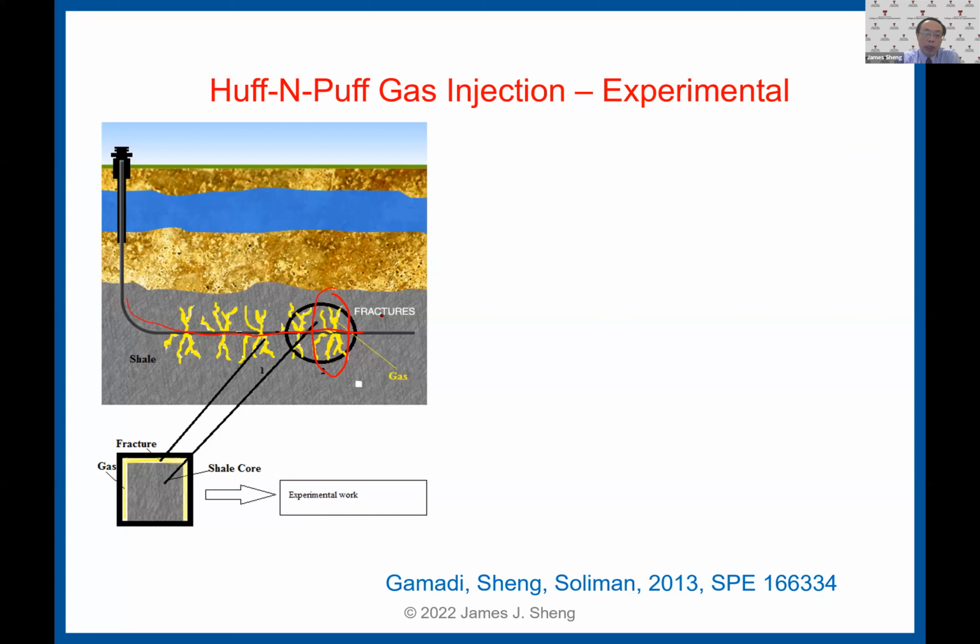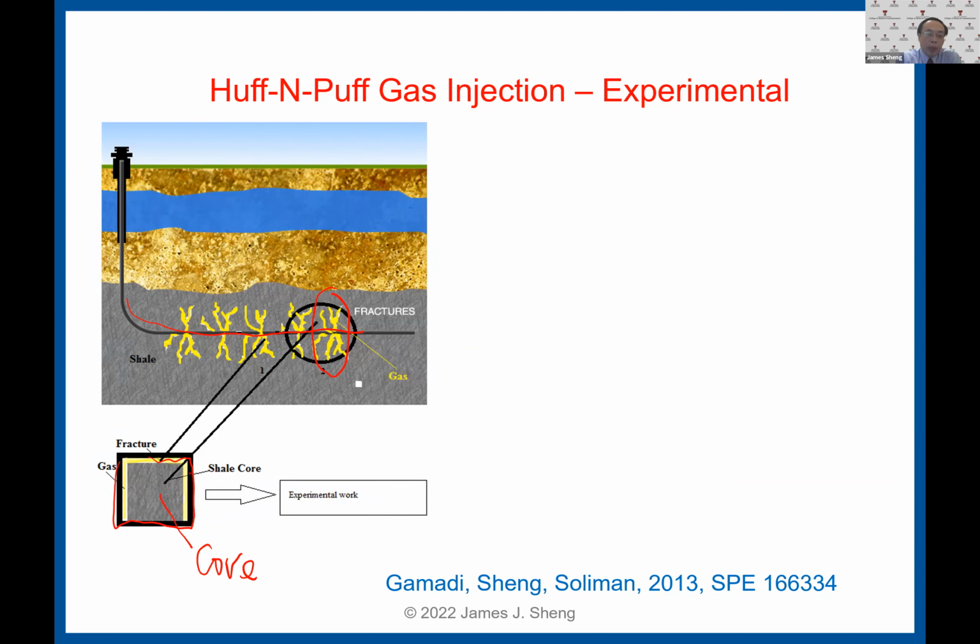So what we can do in the laboratory, we can use a steel container. We put a core inside, and then the annulus will work as a fracture. The yellow space represents the fracture. Then when we inject the CO2, it is initially in the yellow annulus, and then gradually CO2 penetrates into the rock matrix and contacts the oil, right?